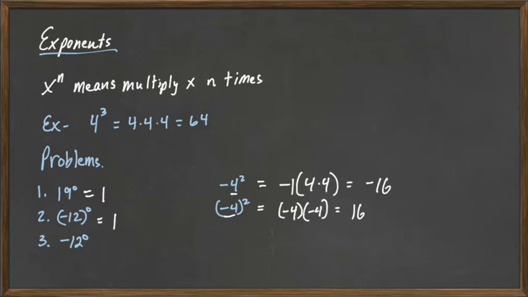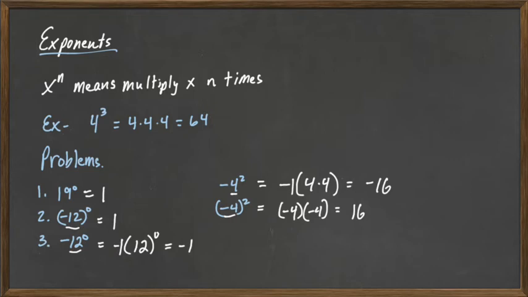Any base to the 0 power is 1. Now on number 3, though, our base is just the 12. And so we're basically going to take 12 to the 0 power, and then we're going to apply a negative, or basically multiply by negative 1. Well, 12 to the 0 power is 1, and 1 times negative 1 is negative 1. So notice we do get a different answer than we did in problem number 2.